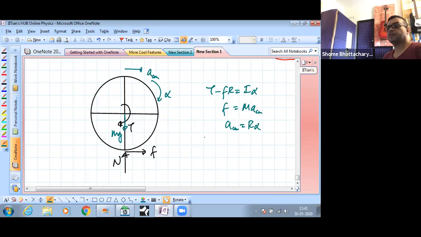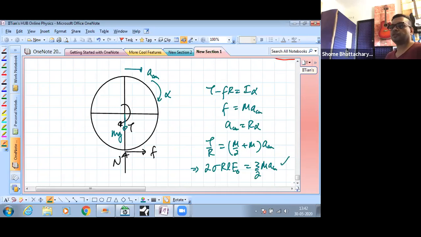So when we substitute that, we get tau by r will become m by 2 plus m times a_c. So 2 sigma r l E naught will become 3 by 2 m a_c. This is just at that moment when the torque is that much.